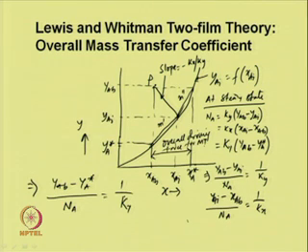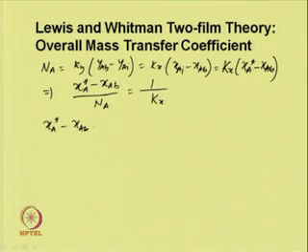So, this will be equal to x a star minus x a I plus x a I minus x a b. So, we will write x a star minus x a I plus x a I minus x a b.